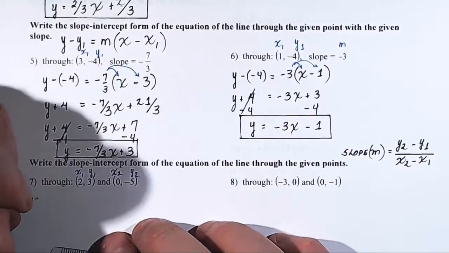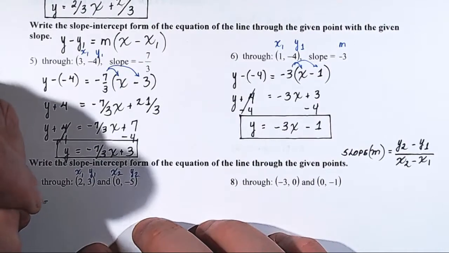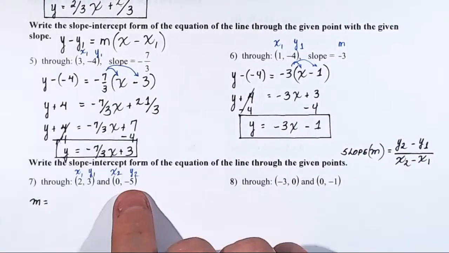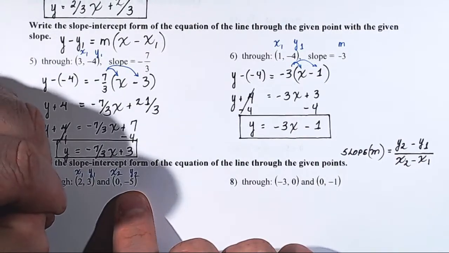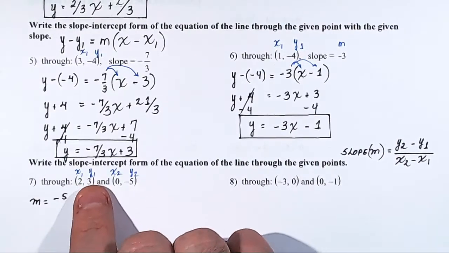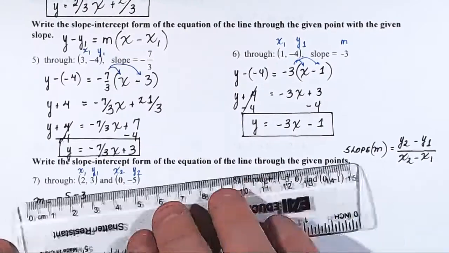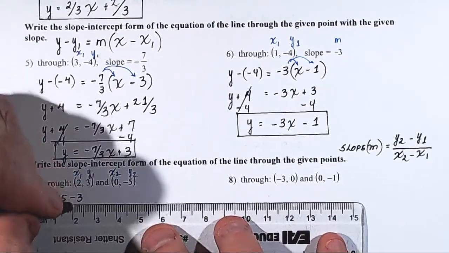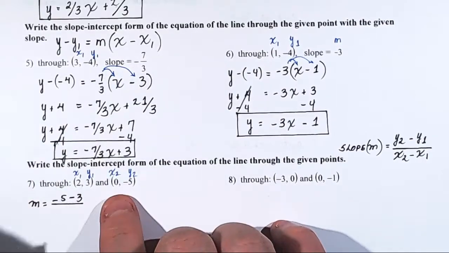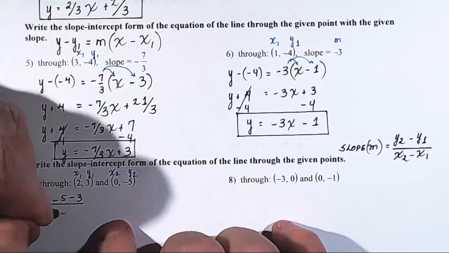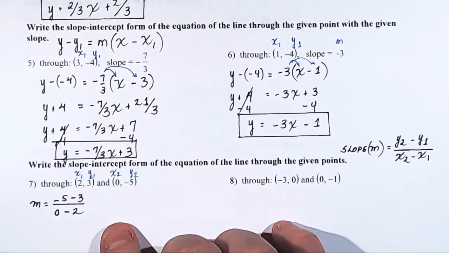So now we find slope m equals y2, negative 5, minus y1, so negative 5 minus 3, over x2, 0, minus x1, so 0 minus 2.